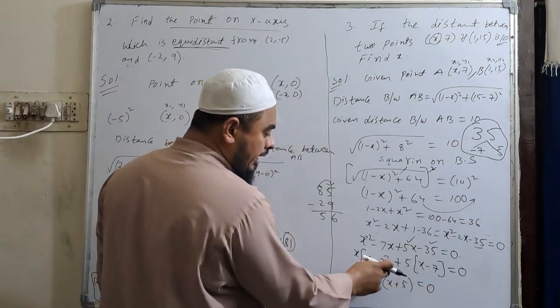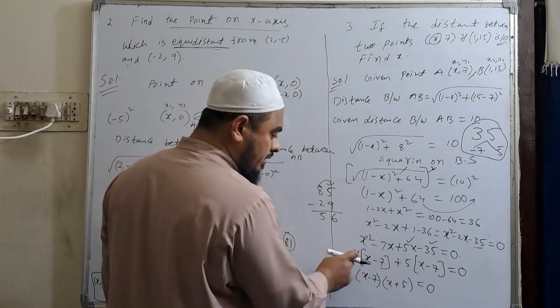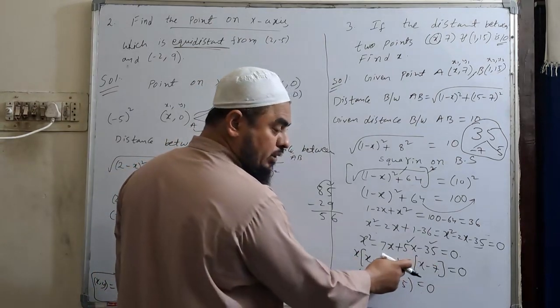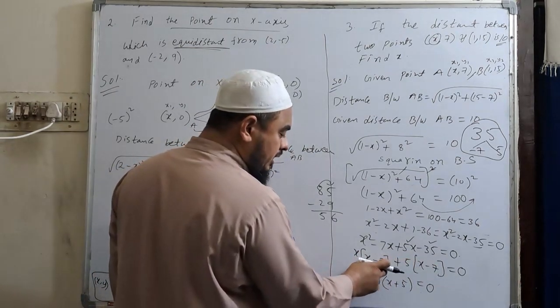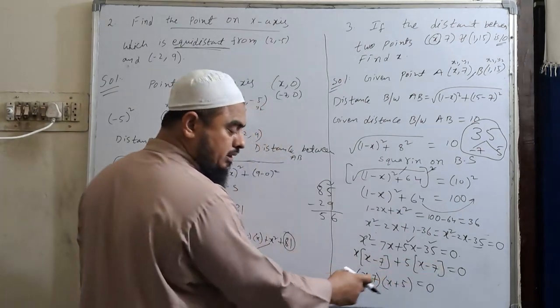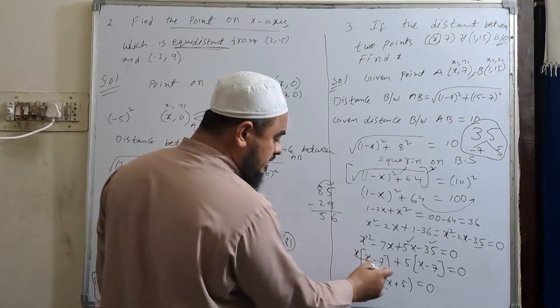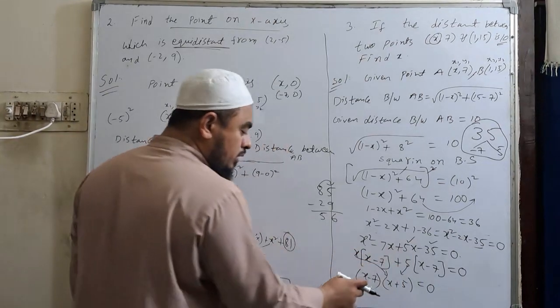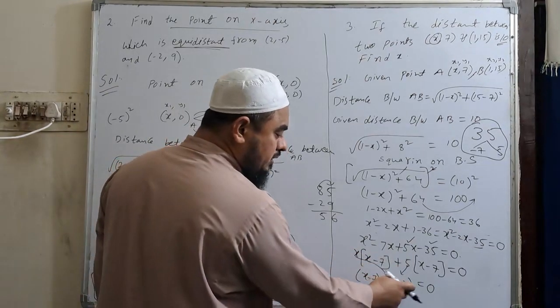Is it clear? Here into x we have x minus 7, and into 5 we have x minus 7. So from both the terms, x into x minus 7 and 5 into x minus 7, we have taken x minus 7 common. So x is left here, 5 is left here. So we got (x minus 7) into (x plus 5) is equal to 0.